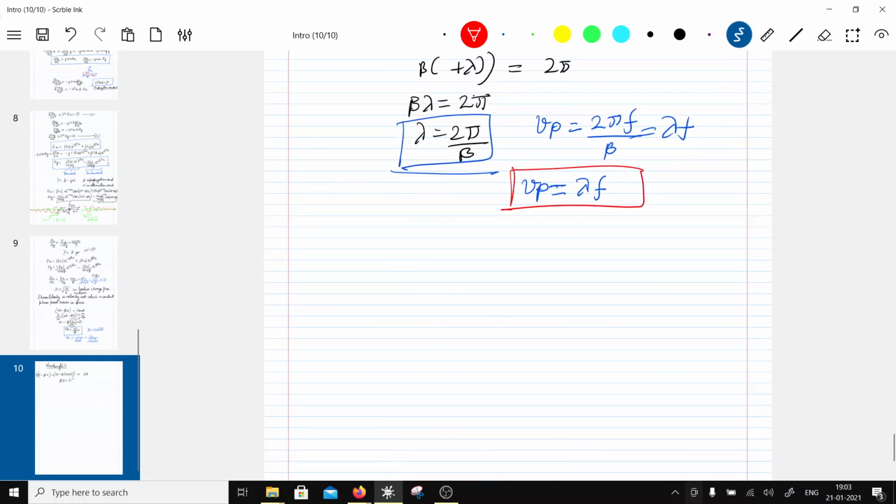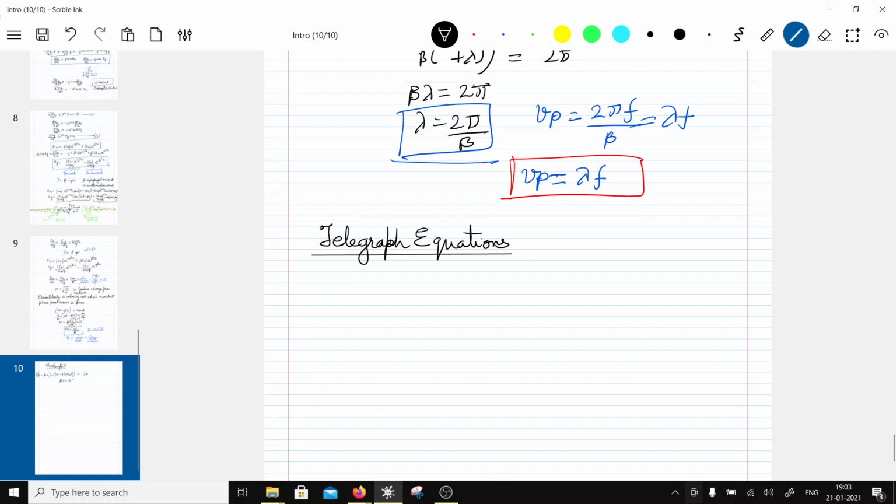Now if there is propagation along a trace of metal, which is called a transmission line, then there's a separate set of equations, right? So let's call those equations the telegraph equations. Okay, so what are telegraph equations, right?